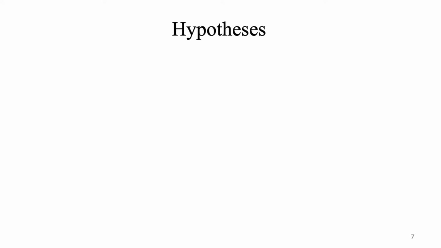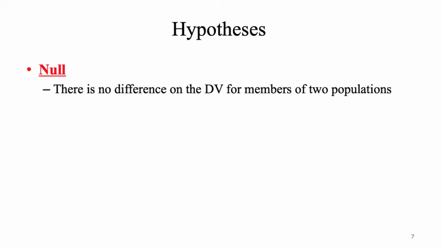So here are some hypotheses. The null hypothesis is that there's no difference on this DV, on self-esteem. It can be noted as mu. This is the Greek character mu for a population. Greek letters indicate population parameters. Roman or Latin letters indicate statistical samples.